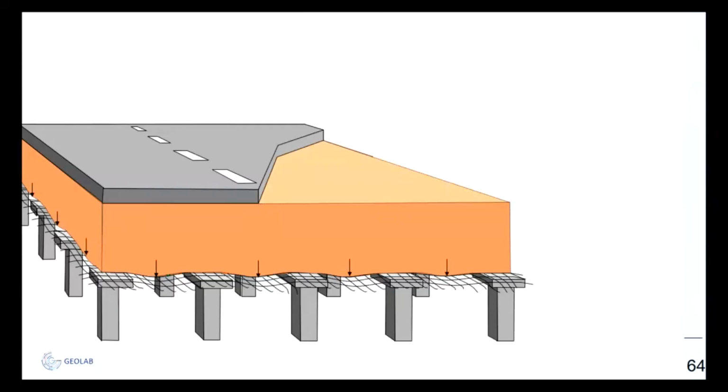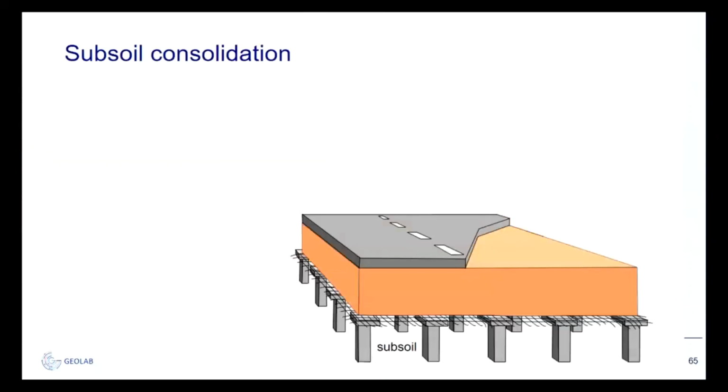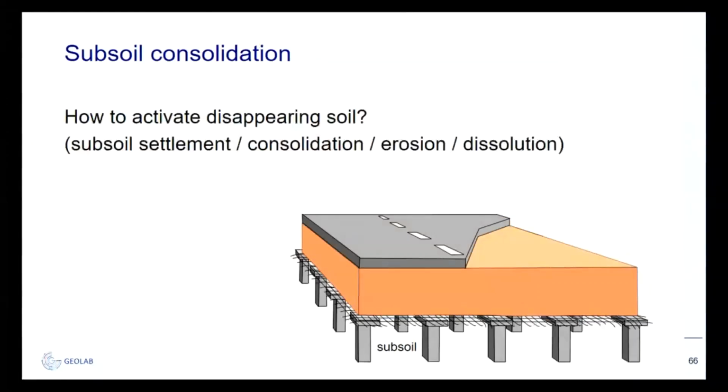So we have strain in it, and we want to be able to calculate this strain on the basis of observations in experiments. And now, in the experiments, how do we activate this disappearing soil due to subsoil settlement or consolidation or erosion or dissolution or whatever?